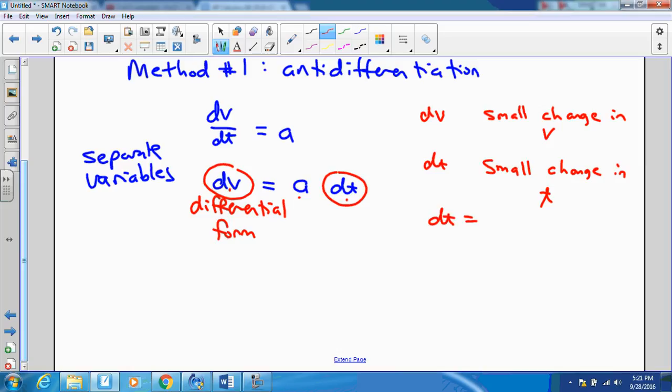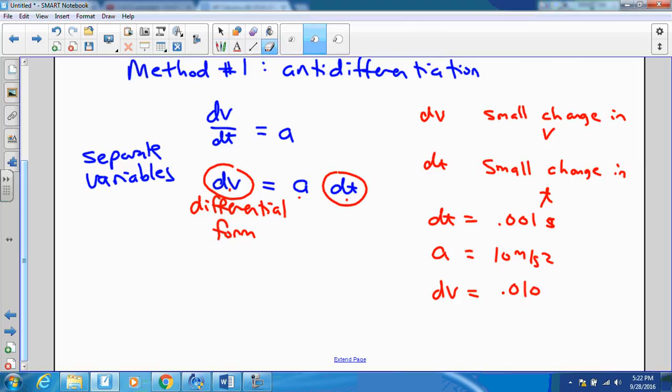So if my time changes by, let's say, 1 millisecond, so that dt is 1 millisecond, and let's say my acceleration is 10 meters per second squared, then the resulting change in velocity will be 10 times 1 millisecond, or 10 millimeters per second.